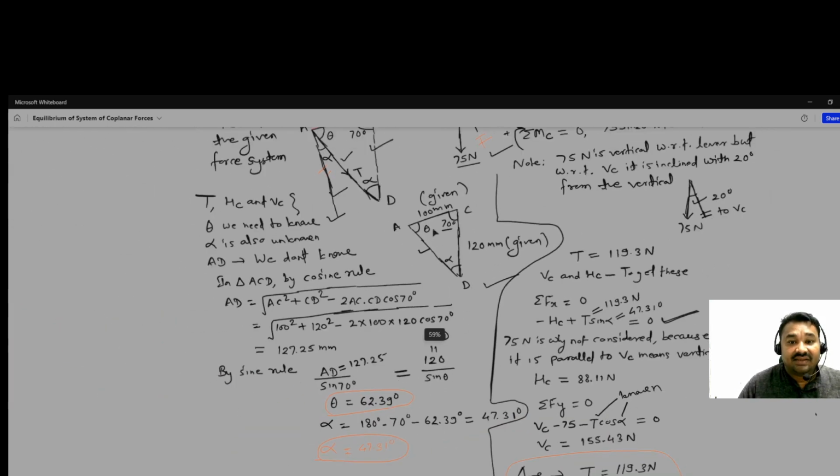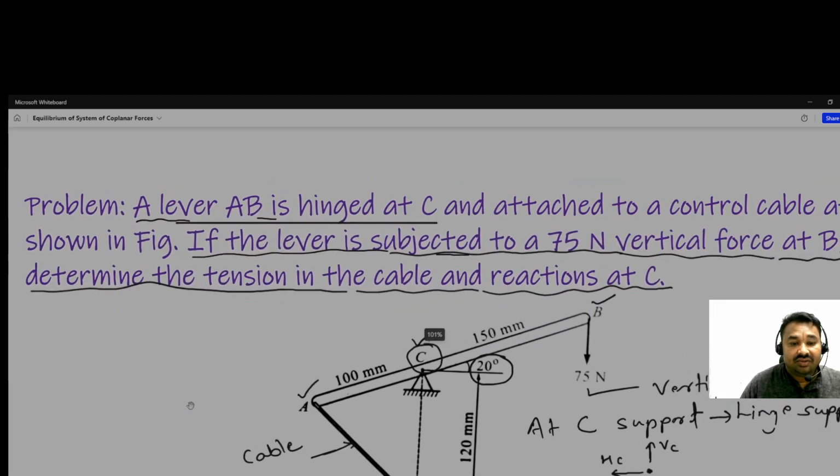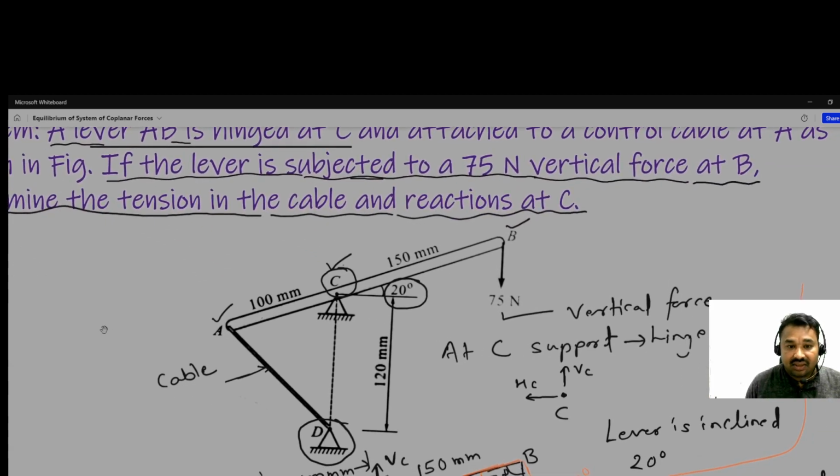Once again summarizing, as per the question, this lever is inclined at 20 degree, and this 75 Newton is acting vertically. And see here, the hinge is not inclined, that's why the reaction VC is acting vertically.